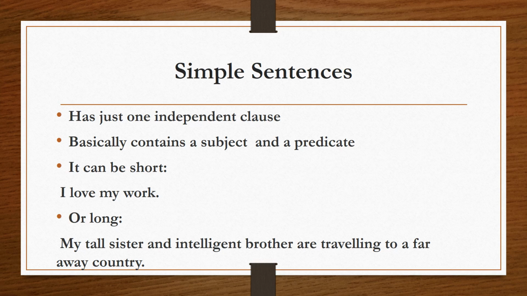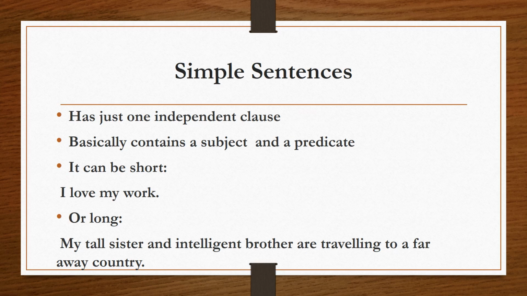However, the simple sentence is just made up of one independent clause. And basically, this clause contains a subject and a predicate. So, in fact, we are saying simple sentences are simple not because of their length, but because of what they contain, right?